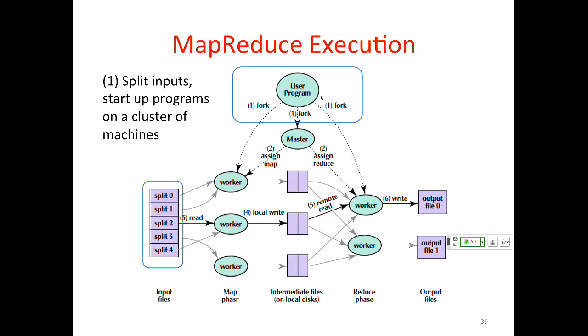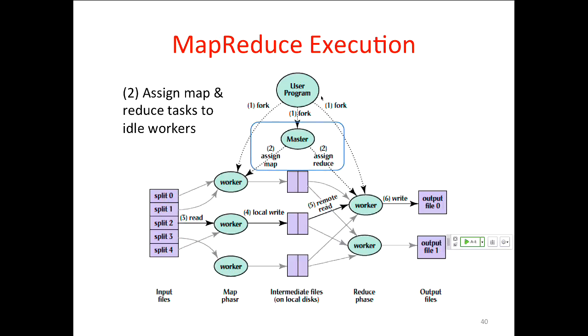The data is split into smaller chunks of data, and then we start the execution of MapReduce. The master server controls the entire task, so it assigns map and reduce tasks to idle workers in a warehouse scale computer.